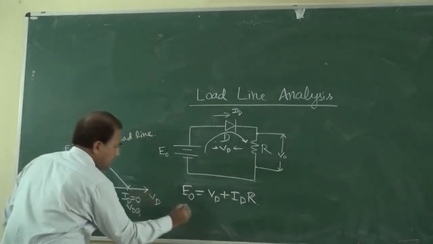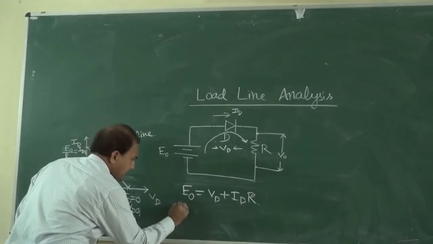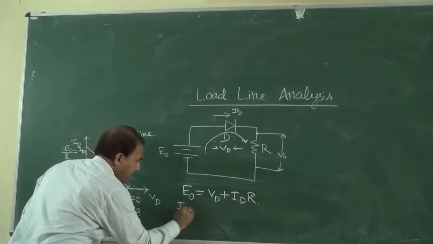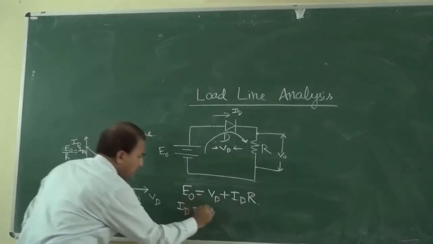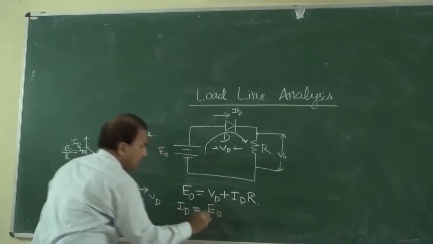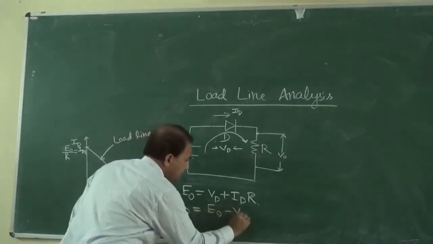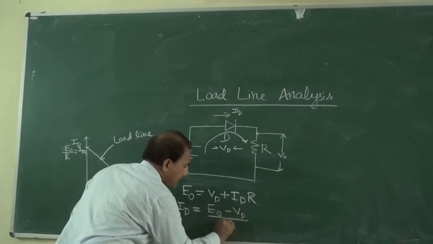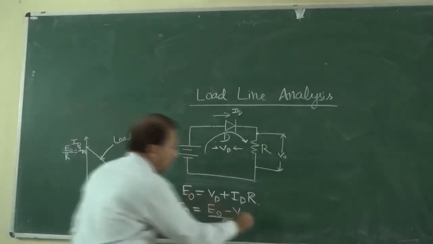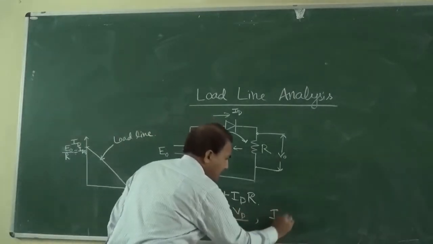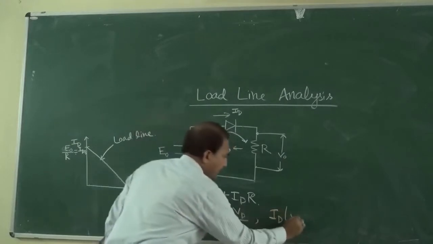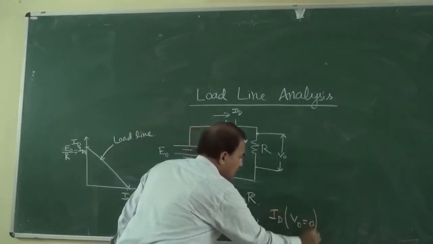Now there are two cases. First, ID is equal to E naught minus VD divided by R. Now we have to determine ID when VD is equal to 0.